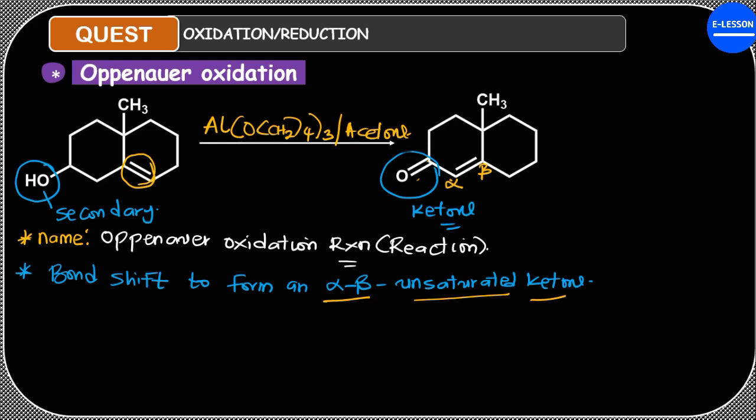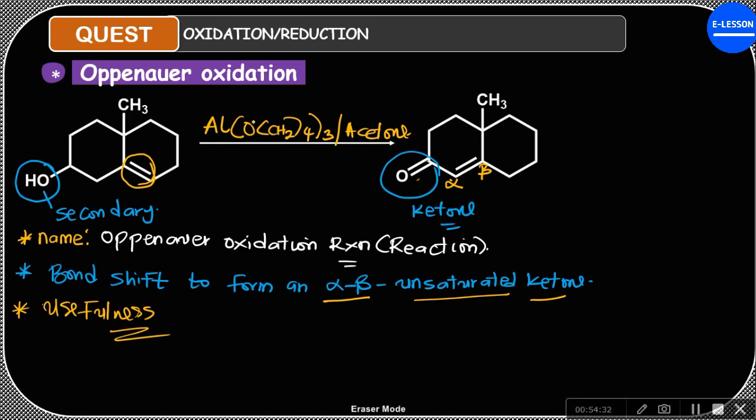Or you can say it is used to convert an unsaturated secondary alcohol to an alpha beta unsaturated ketone. That is the usefulness, the pharmaceutical usefulness of it. Are you getting it now? Usefulness of the Oppenauer oxidation. So take note of that. I know there is a particular question that came out in one of the exams.